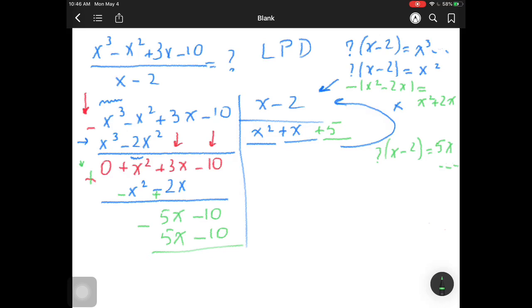We're supposed to do subtraction. Instead of subtracting, we can add as long as we invert these signs, and the remainder would be 0. This means that the result of this division is x squared plus x plus 5.